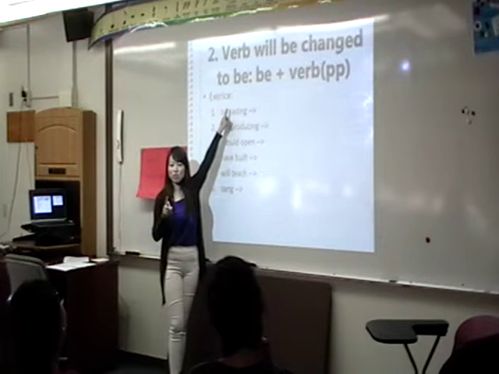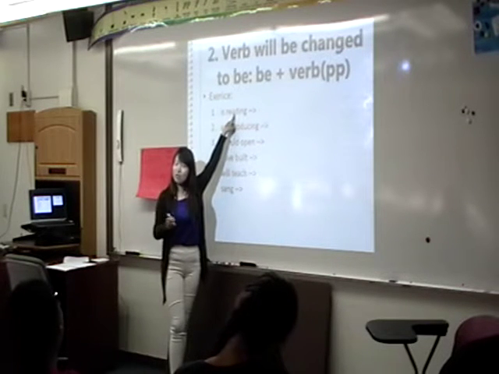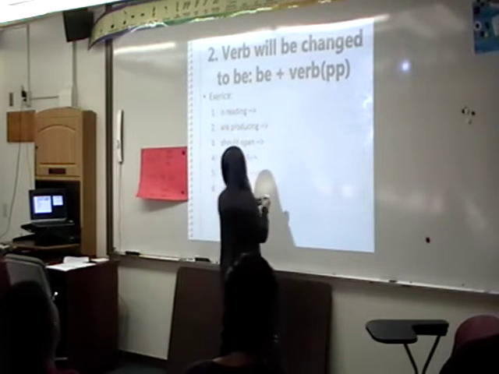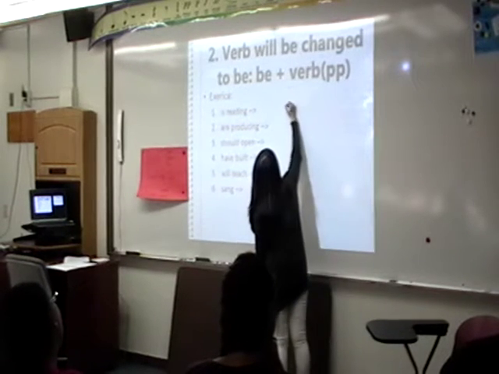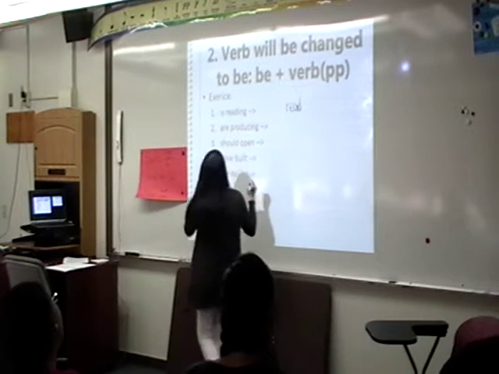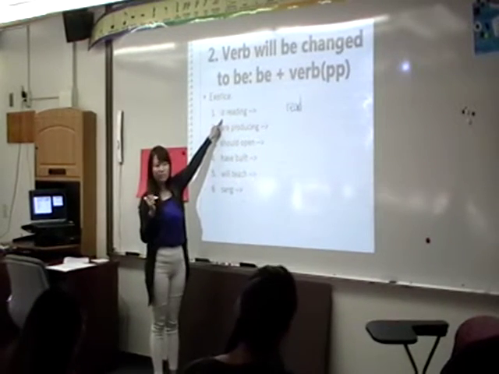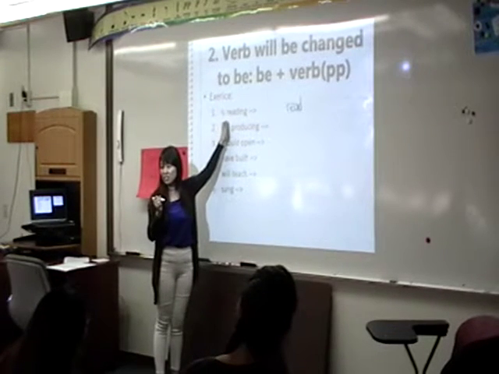First, I need to change the verb to be past participle. Very good. So what is the past participle of reading? Read. Good job. Read. And is reading. What is the tense?